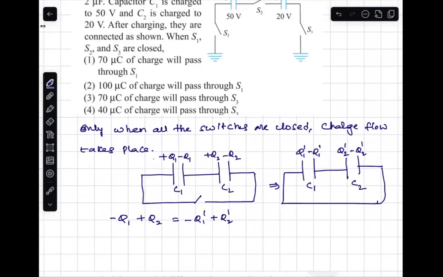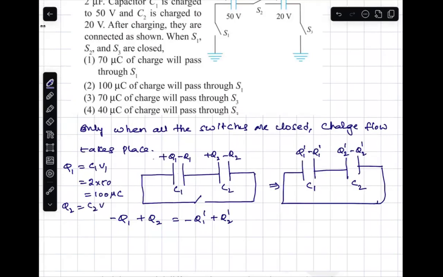And not only that, they will get a common potential difference. What is minus Q1 plus Q2? Okay, by the way, what is Q1 here? C1 V1, which is nothing but 2 into 50, 100 microcoulomb.